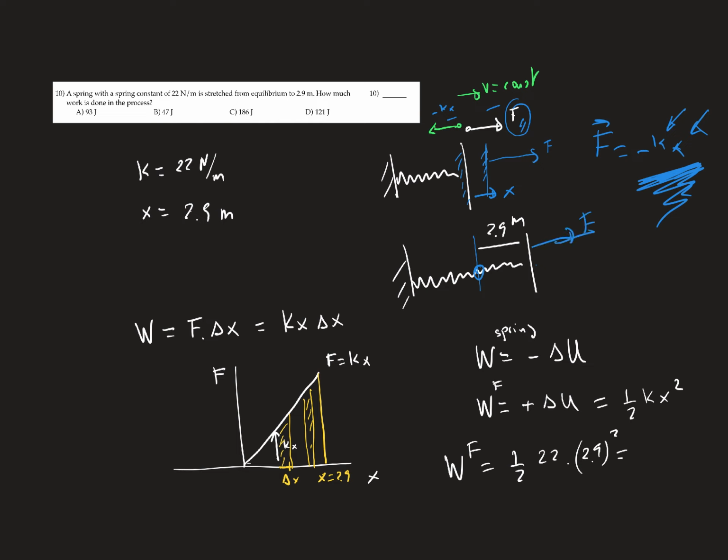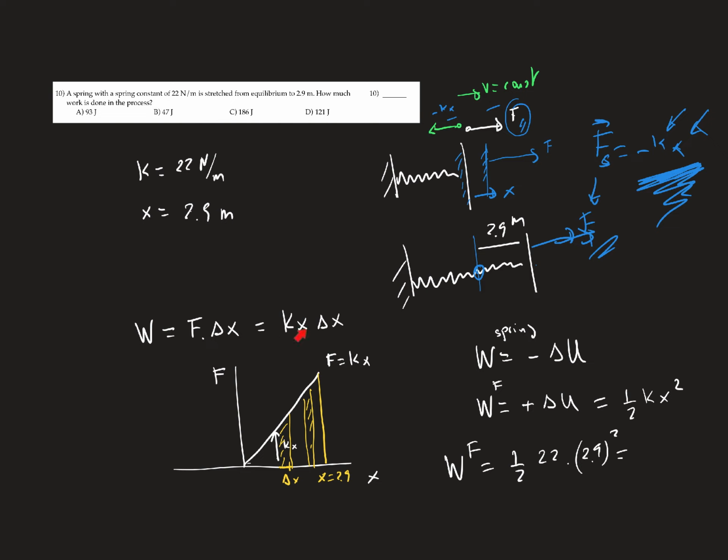So what is the work? Work is force by displacement. What work are we calculating? The work of the force going to the right, applied to the body to stretch the spring 2.9 meters. So the force is not minus kx.